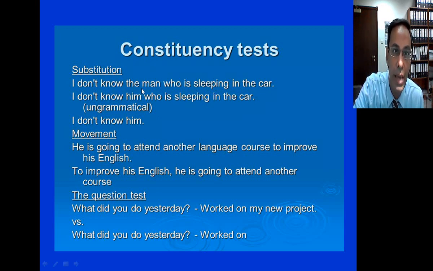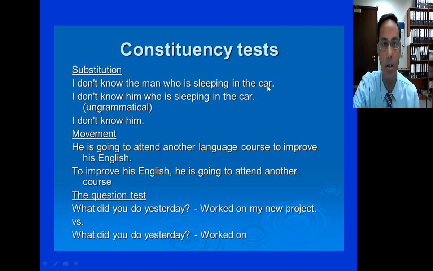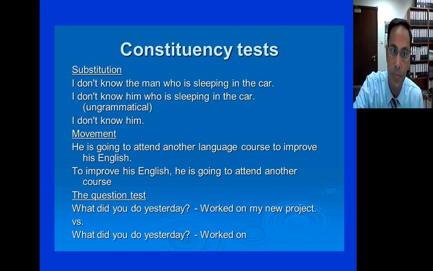I do not know him, not the man only. We can't substitute part of the unit. We have to substitute the whole unit. This is evidence, which is called the substitution test, that the man who is sleeping in the car is a unit, or a constituent.